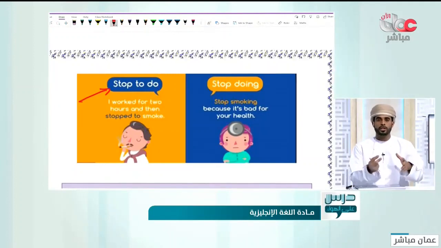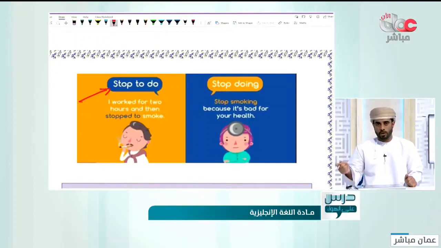It means that he was doing a certain action, then he stopped doing that to do another action. He was driving, he stopped to smoke. I worked for 2 hours, then stopped to smoke. He stopped his work to go smoke. Good. But when we say to stop doing, it means to quit doing a certain thing. So he stopped smoking means that he quit smoking.